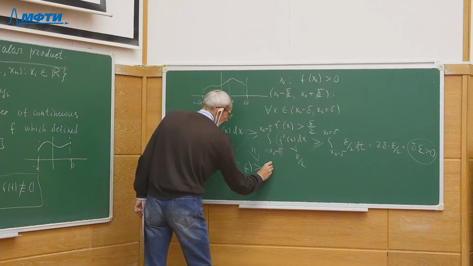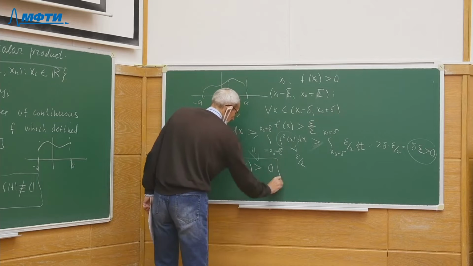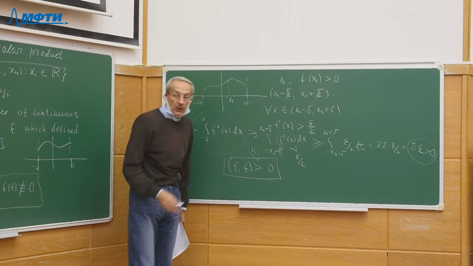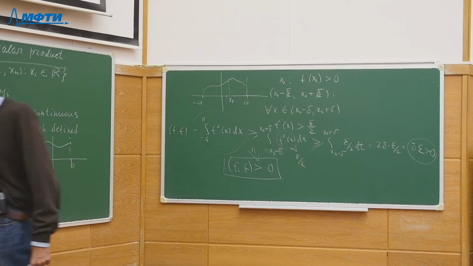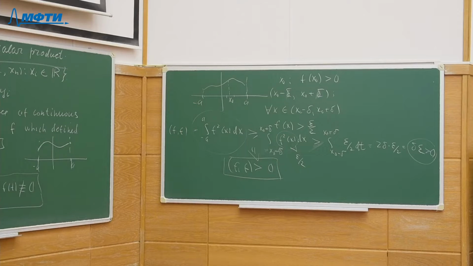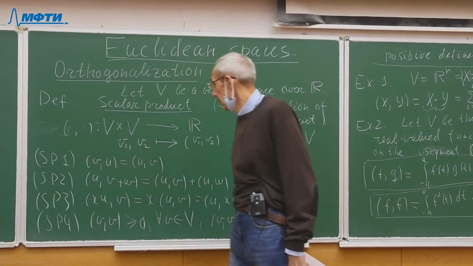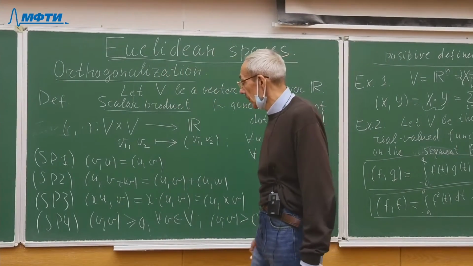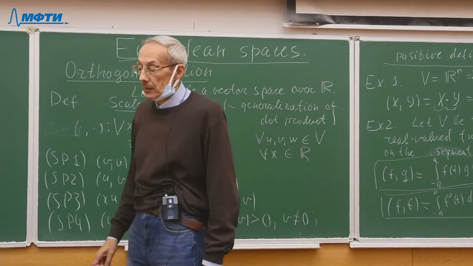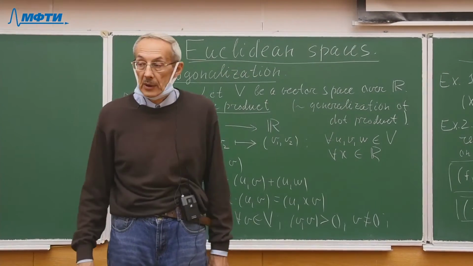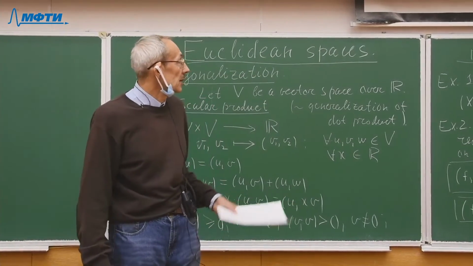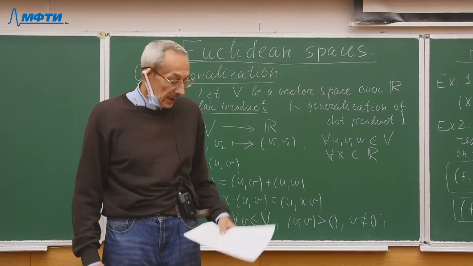And we prove that for this scalar product, the last condition of positivity is true. And we obtain that in this case we deal with a positive definite scalar product.